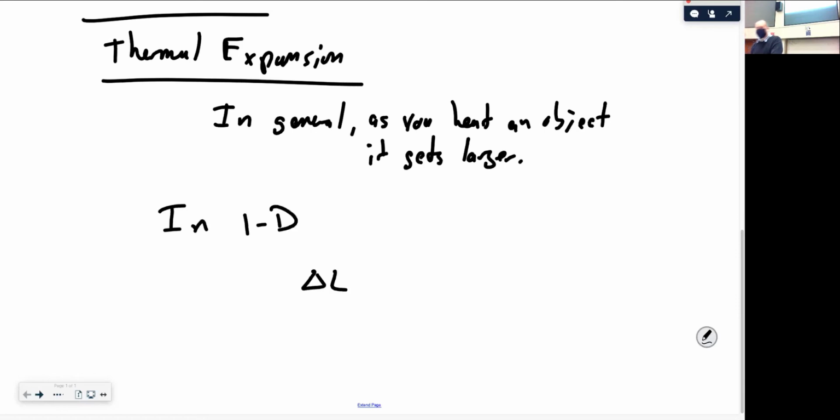delta L, in other words, a change in the length of something, is equal to the length of that thing times alpha times the change in the temperature, where alpha, we're going to define to be the coefficient of linear expansion.